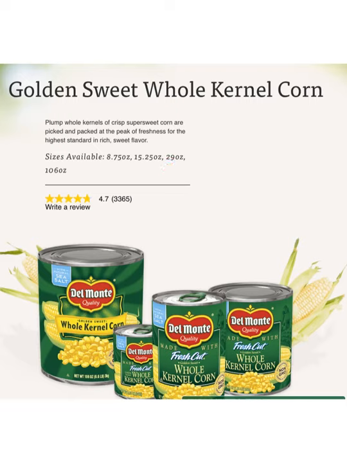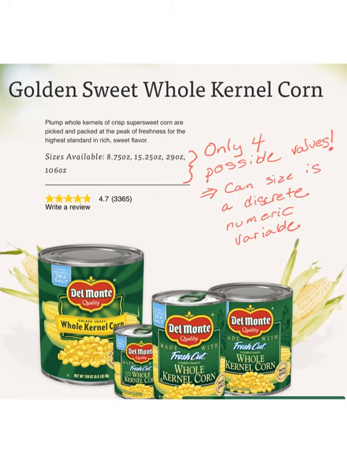There are decimal points in some of these. There are only 4 possible values. You can't go to the store and get, say, a 10.37 ounce can of corn. You only have 4 choices. We can write down those 4 choices. So can size is a discrete numeric variable.